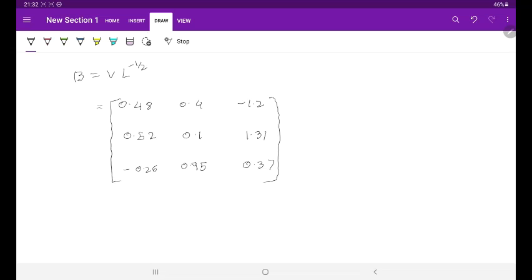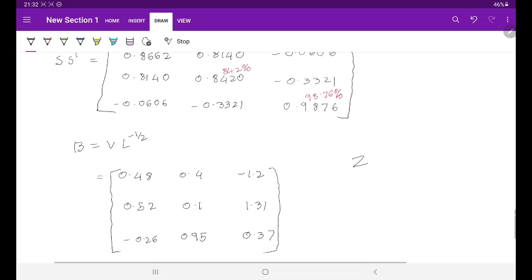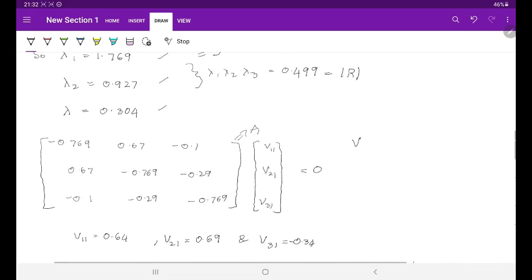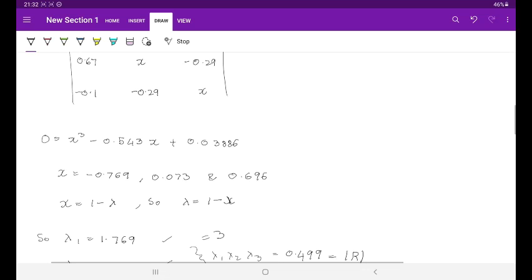now the next step is to create a matrix Zset which is the standard score form of the matrix X that we wrote in the beginning of the example.